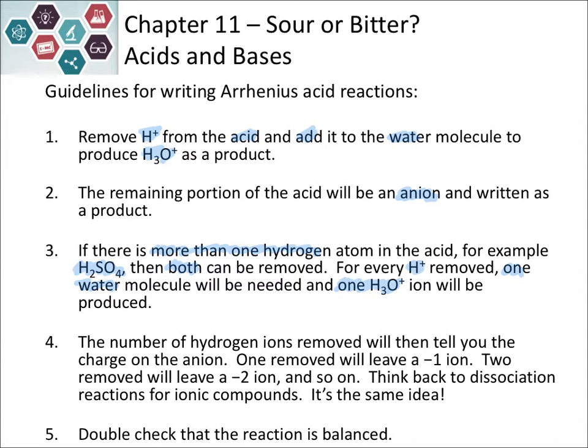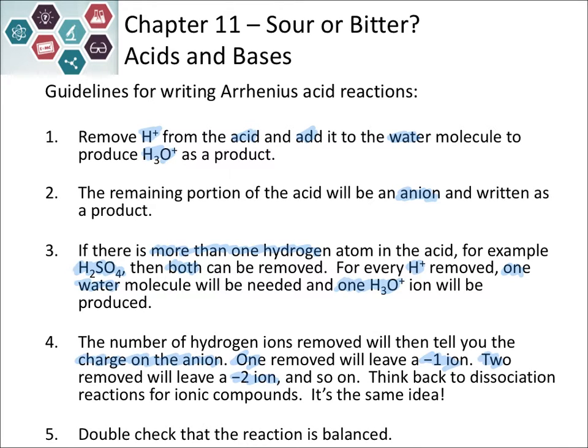The number of hydrogen ions that you remove tells you what the charge of the anion is. You can also figure out the charge just like we did back in chapter 6 with ionic structures, charge coming from group number. But if you take away one hydrogen, you're taking away a positive ion from a neutral, so you're going to be left with a -1 ion. If you pull off 2, you're left with a -2 ion, and so on.